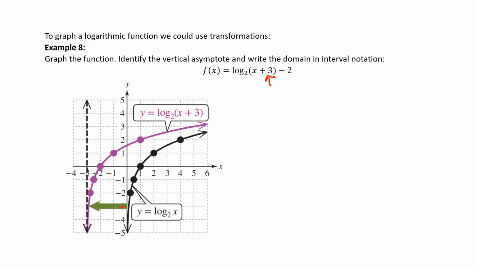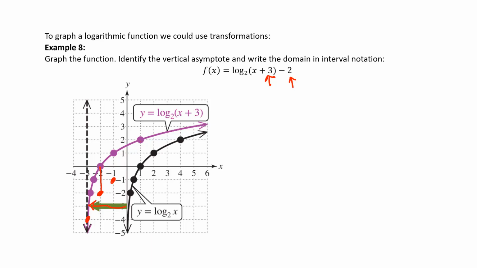So you can see that's happening right here. That purple graph is just log base 2 of (x + 3). And then here you're subtracting 2. That means you need to translate that function down 2 units. So all these points are going to come down by 2 units.